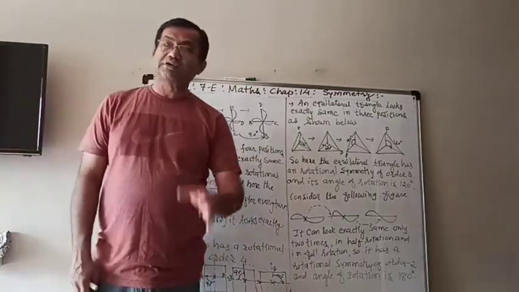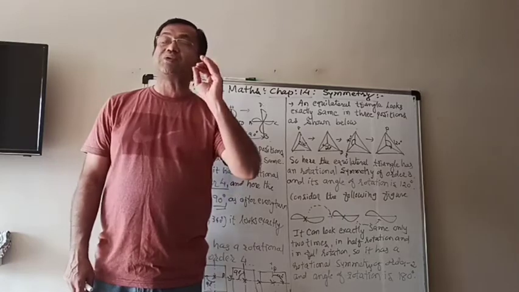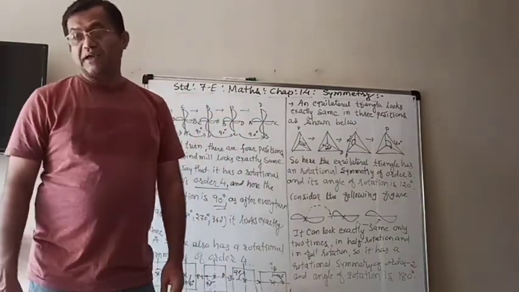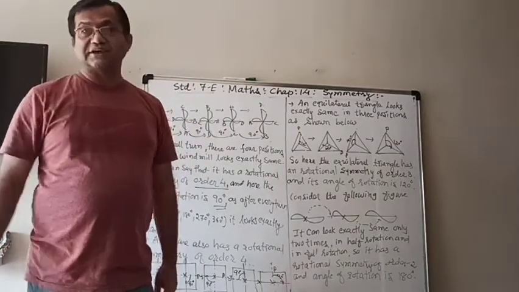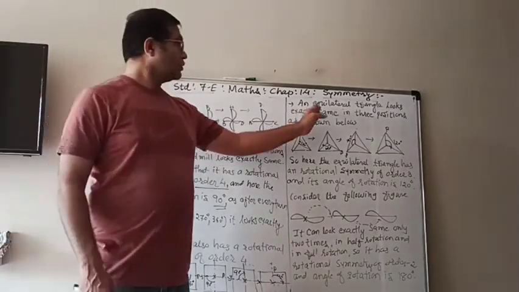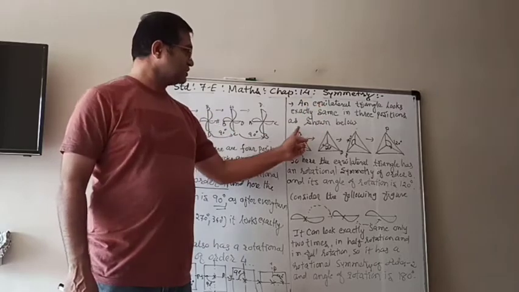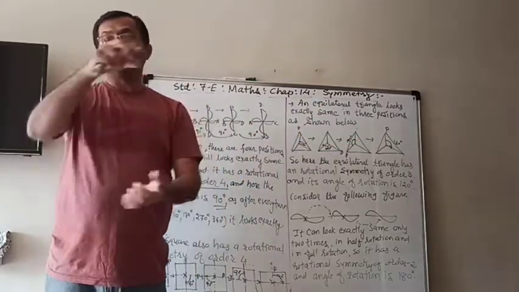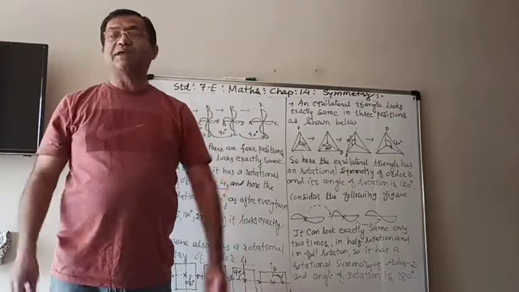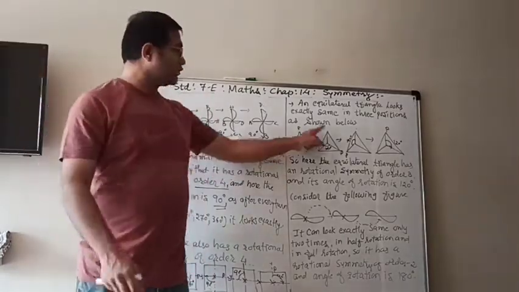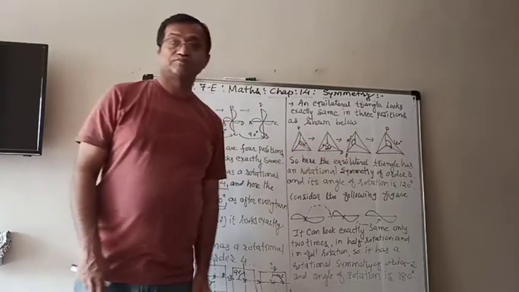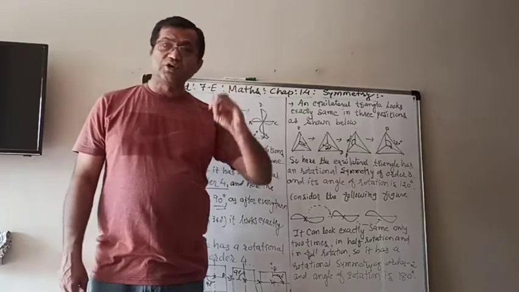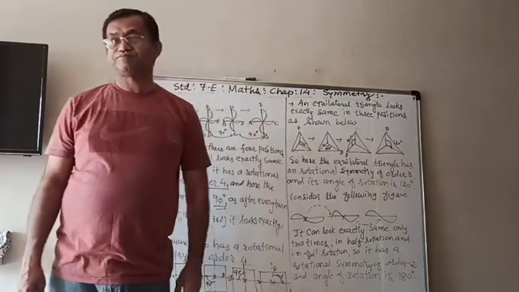Now talk about an equilateral triangle. An equilateral triangle has 3 equal sides. Now we can see that 3 times it can look exactly the same when we move its vertices up and down. How many times? 3 times, like 1, 2 and 3. So in a full turn, 3 times it looks exactly the same.